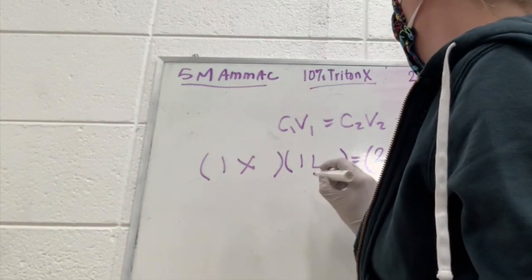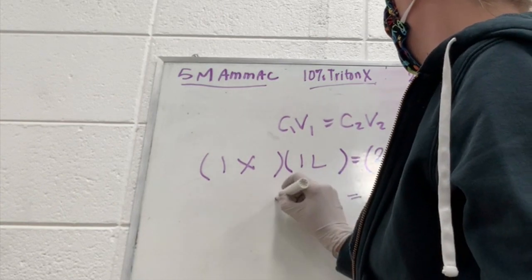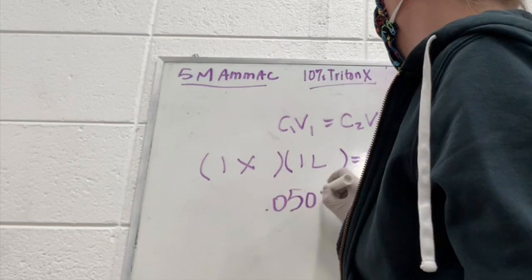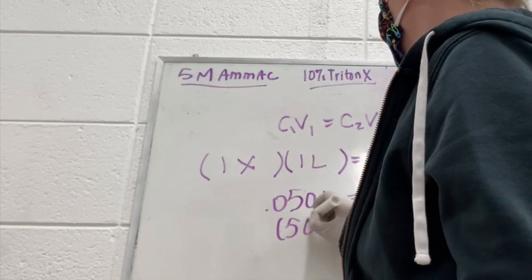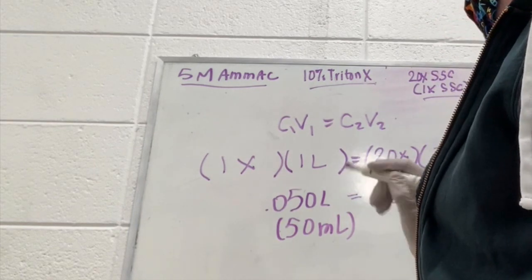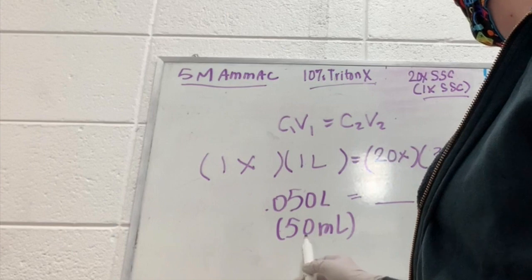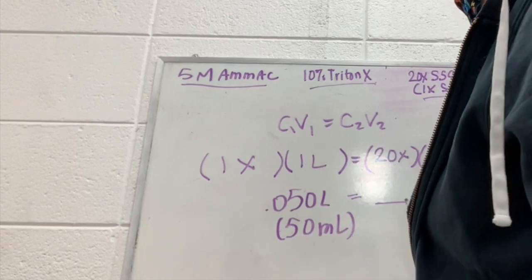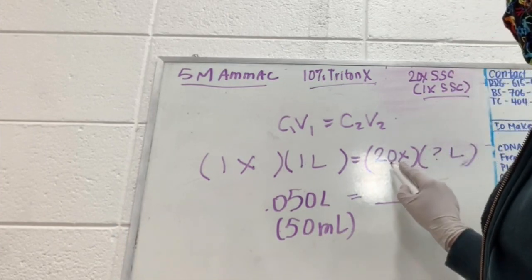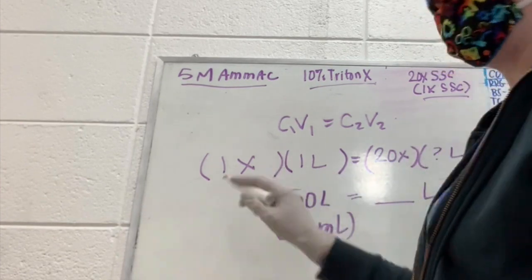It would be 50. Okay. So 1/20th of 1 liter is 50 milliliters. And so you would add 50 milliliters of a 20x solution and then fill it up with water to get 1 liter of a 1x solution.